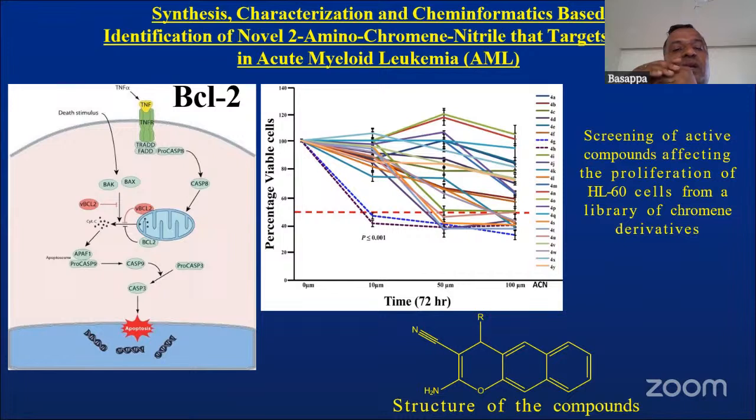One of the studies was published in PLOS One very long back. This work was in collaboration with a friend who is now a professor at Amity University, Manoj Garg, who conducted the biological studies, where we could demonstrate newer amino nitriles which have a BCL2 target in acute myeloid leukemia AML cells.